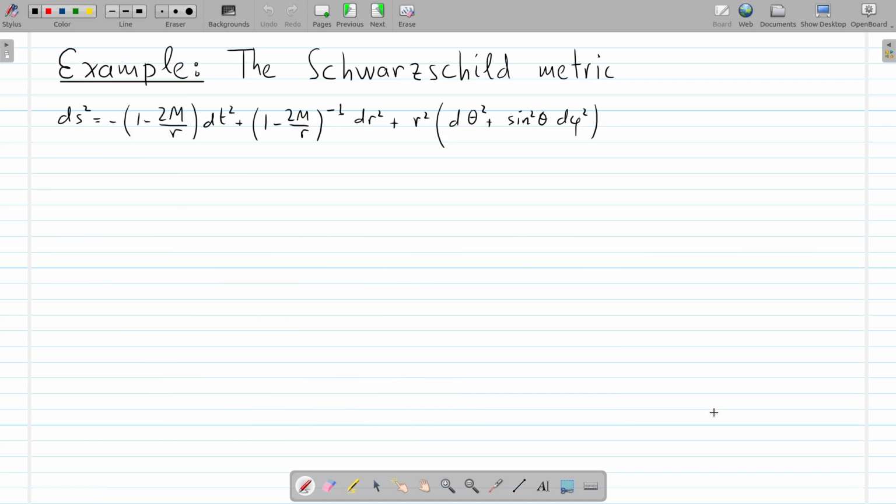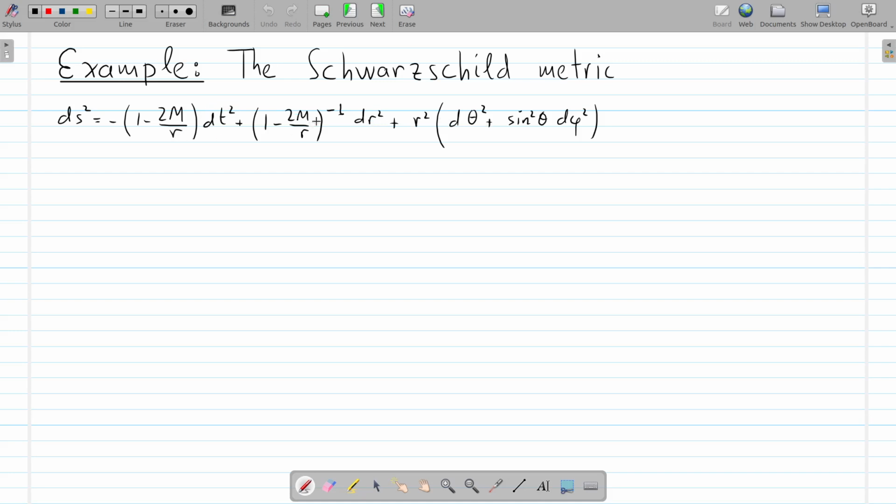Another example that is useful to consider is the case of the Schwarzschild metric. This is the space-time around a spherically symmetric distribution of matter or around a static black hole. We have a coordinate system where t is a time-like coordinate and r, theta, phi are space-like coordinates.